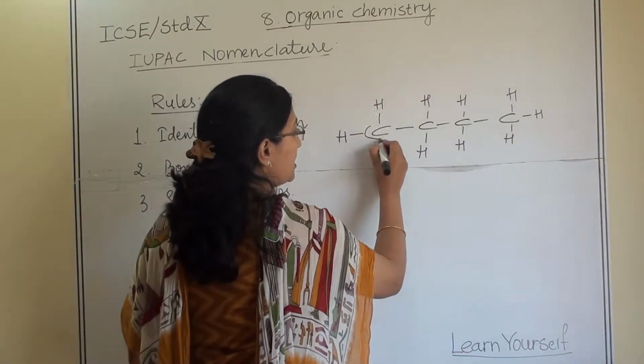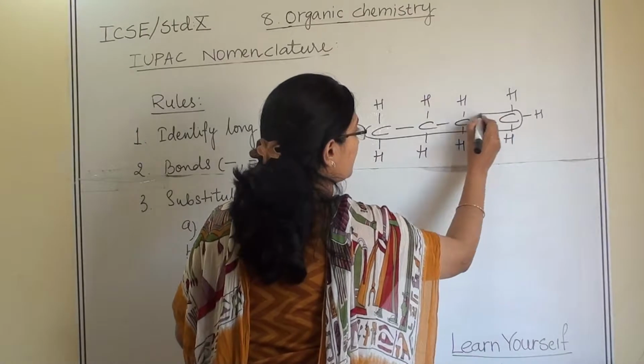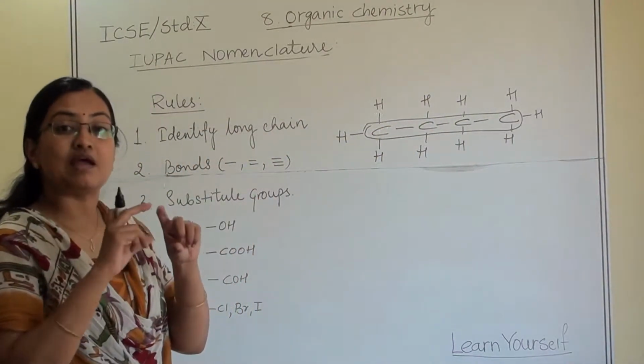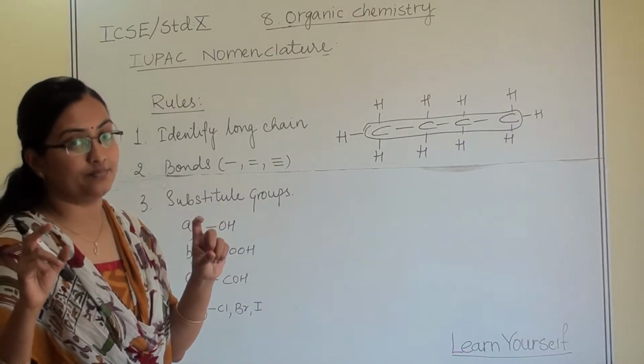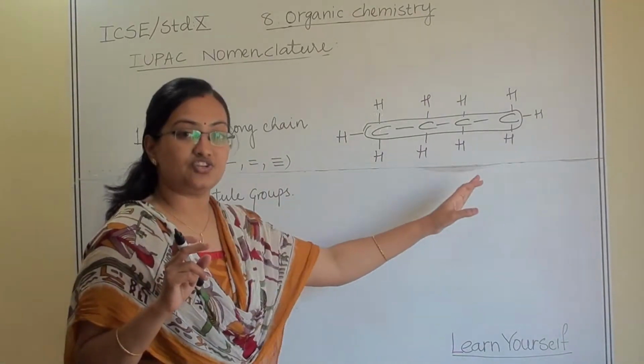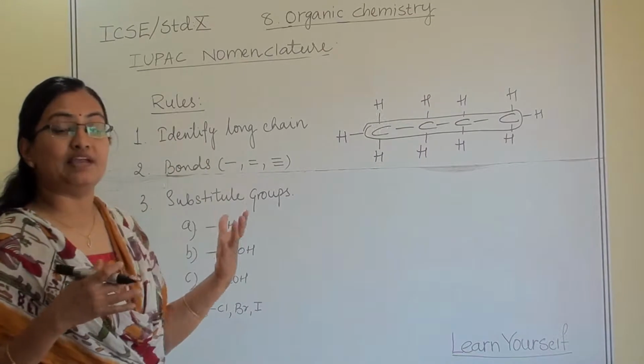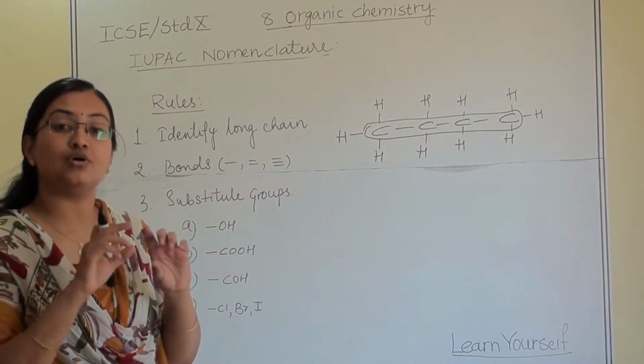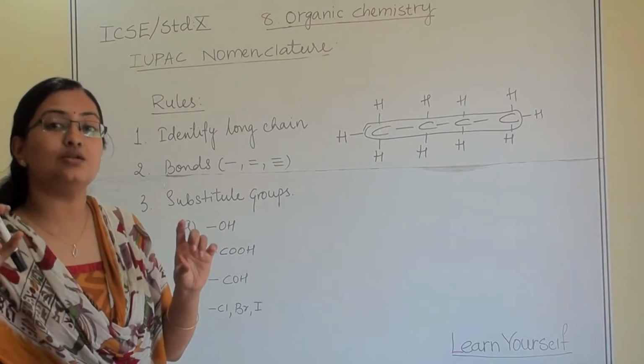Chain means the long chain. You have to see for the chain that consists of the maximum number of carbon atoms. This is a straight chain. This rule will be applicable more for the branched chain. In the branched structure, you have to see which is the longest one.